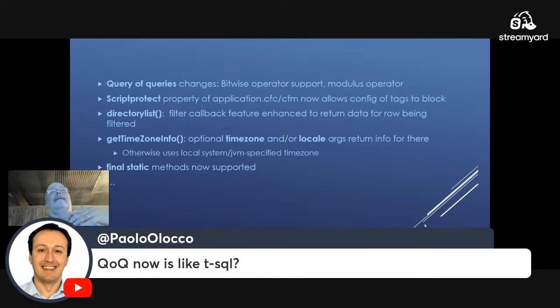And each database engine has its own variants. And that's always going to be a challenge, is that Adobe will probably never add database specific variants, because of course, Query of Queries is a query against a query in memory, and you're doing some generic SQL. And so they're not going to say, well, we'll support a MySQL feature, because if somebody's using SQL Server, they would go, why are you doing that?